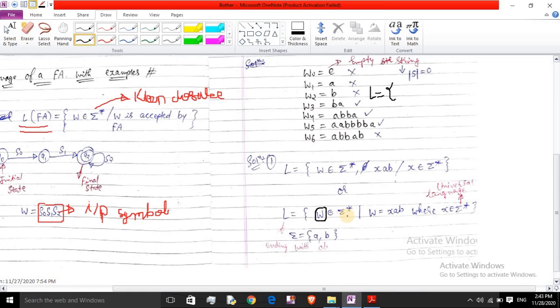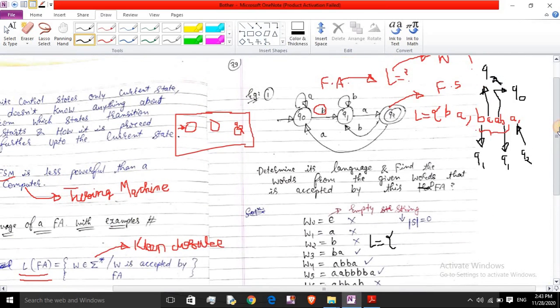Now look at this part. W belongs to sigma star, the universal language, such that W is equal to XBA. What is it? It is XBA, where X belongs to sigma star, because sigma star contains even an epsilon, but our string will be ending with BA.